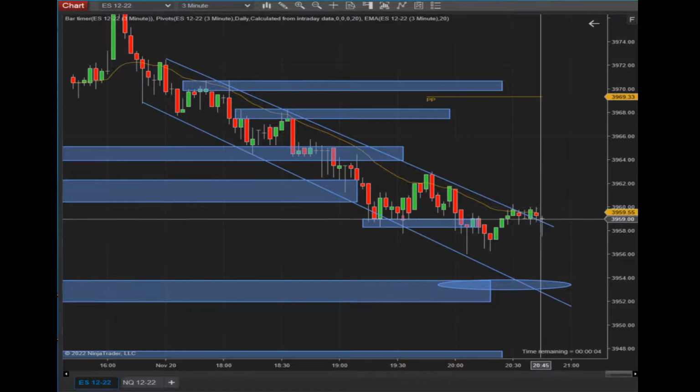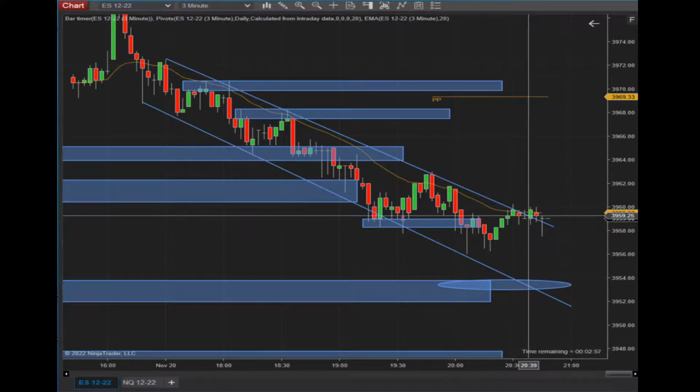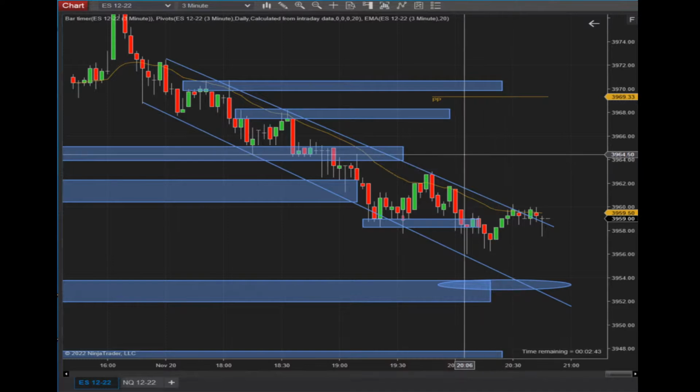Try to come south, got rejected. Let's see what happens here in this next candle. Hoping this thing goes up. Let's just see. Be patient. Thanksgiving week, it's a little slow, but there'll still be opportunities.